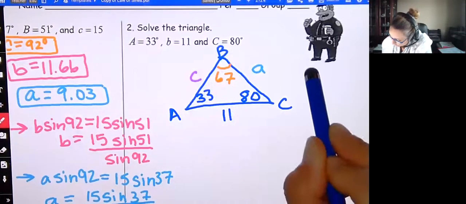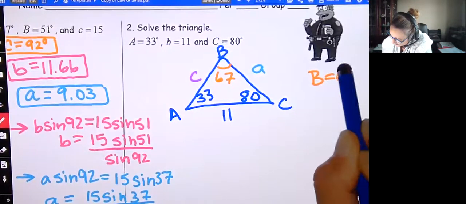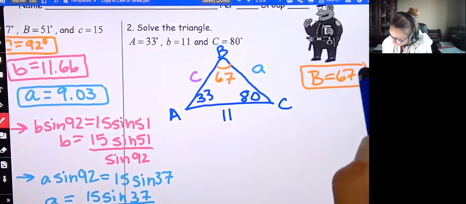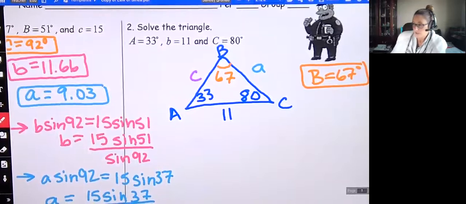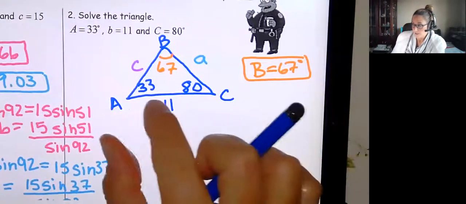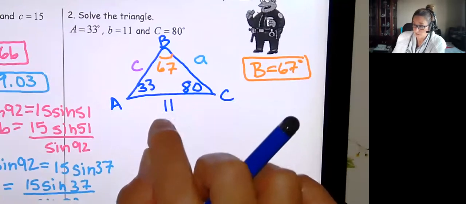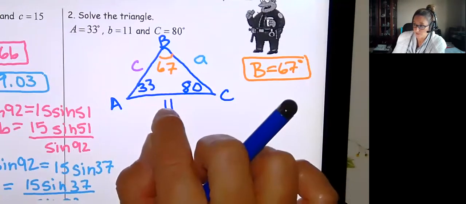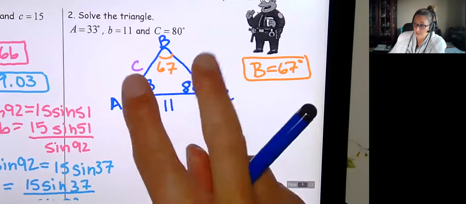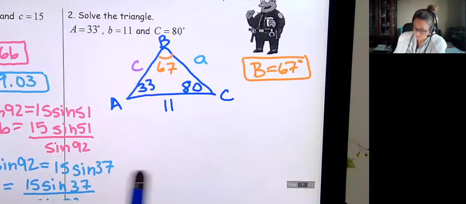So I know that angle B is 67 degrees. And so now I am going to use this sine of b over little b, so sine of 67 over 11, to find my a, and then to do the same thing and find my c.